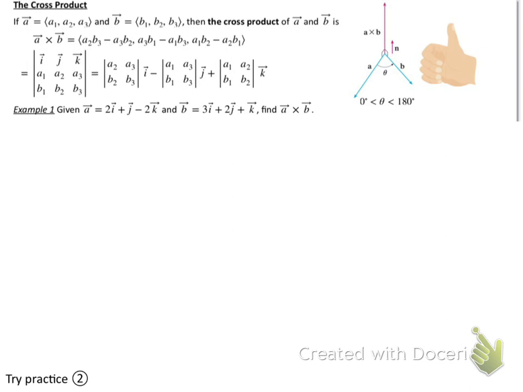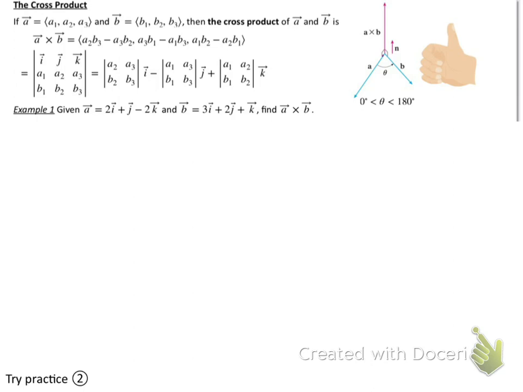Now, since you know the determinant, we can talk about the cross product. First of all, what is the cross product? You have two vectors in R3, which are A and B. The A is this way, the B is this way. Again, we are using the right hand rule.